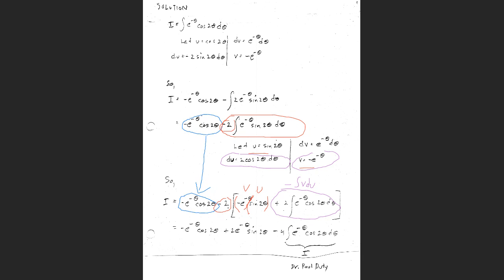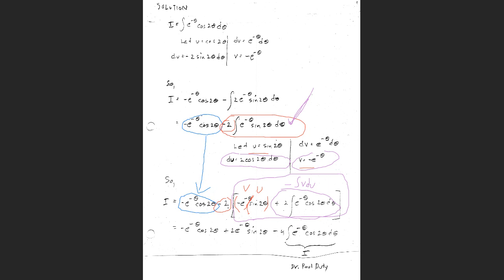Because I'm doing integration by parts on this integral. I did integration by parts the first time, and I still have an integral. So I'm going to do integration by parts on that integral again, and that's going to get me this new integration by parts right here. Is that okay? Yeah, I think I got it.